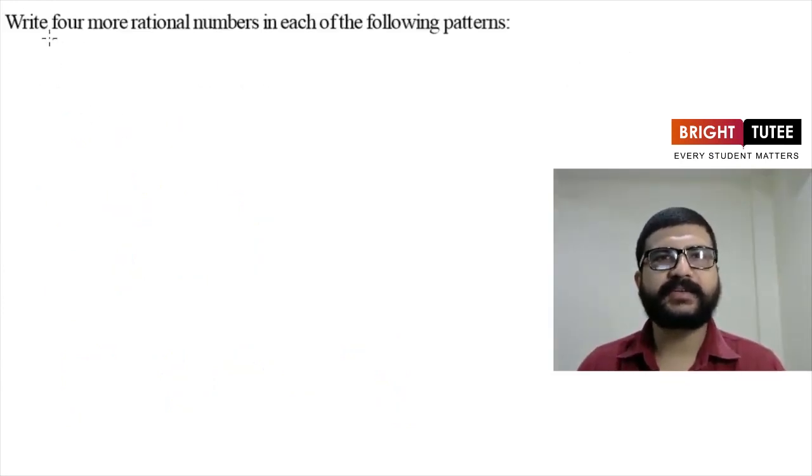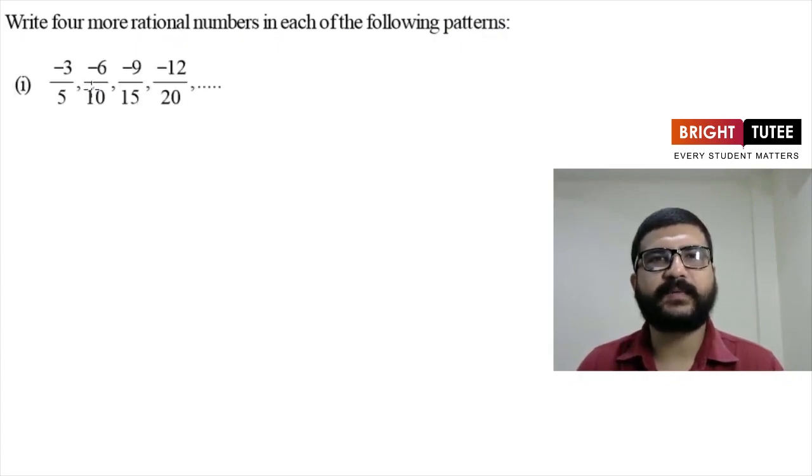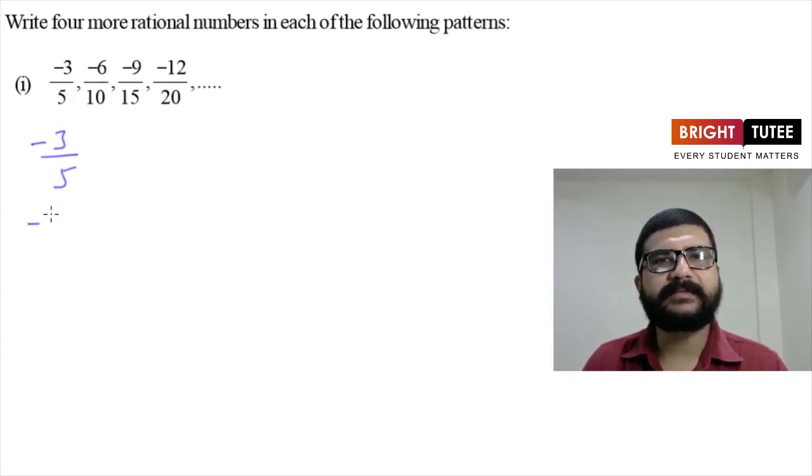Now here is the next question. The question is, write 4 more rational numbers in each of the following patterns, and the first pattern is this one: minus 3 upon 5, minus 6 upon 10, minus 9 upon 15, minus 12 upon 20. Now try to observe carefully. The first number here is minus 3 upon 5. Now what is the second number? Second number is minus 3 upon 5 into 2 upon 2.